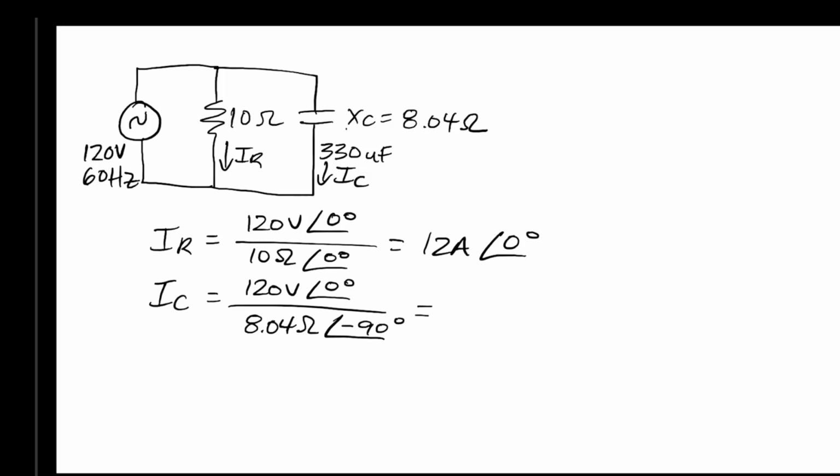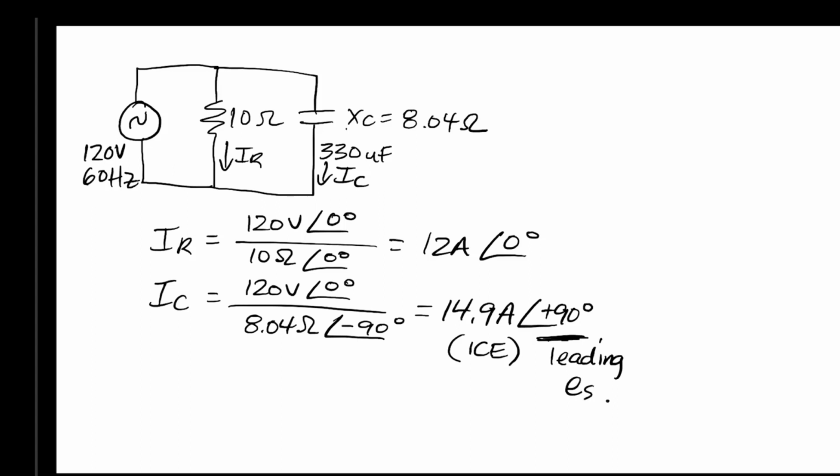That's going to give us 120 divided by 8.04, which is 14.9 amps at an angle of plus 90 degrees. Now, that's a capacitive branch, so notice how ICE applies. We've got the applied voltage and the current, 14.9 amps, is leading that voltage. That's leading E source. So this is all lining up the way it should.